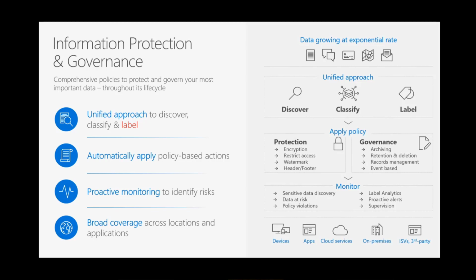Now with this, we have multiple capabilities, which I'll talk through, on how you can manage and deploy information protection and governance. You can do it automatically, you can do it manually, but the key scenario is policy-based deployments. I build a policy, I deploy that policy, and that policy is going to do something, and that label is going to do something.